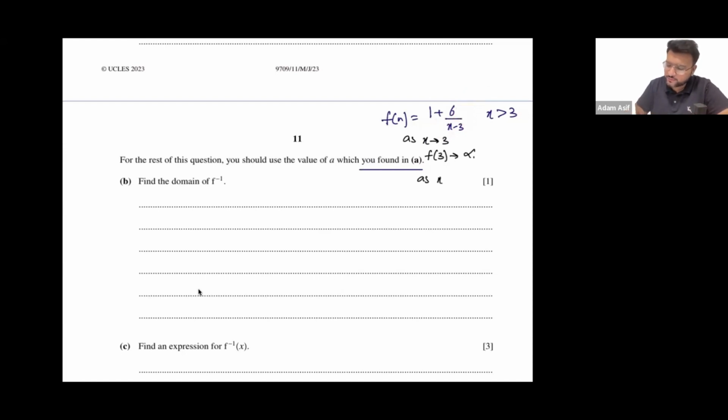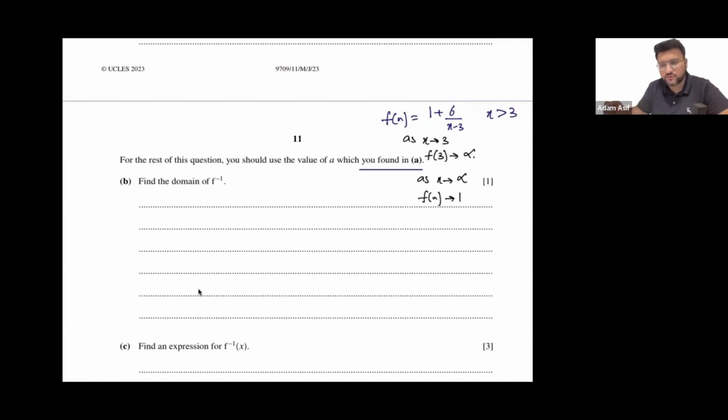And as x approaches an infinitely large value, because the domain is x greater than 3, how much greater? Up till infinity. So when this becomes infinity, the denominator becomes infinity, the fraction gets closer to 0, and the function gets closer to 1. So f of x approaches 1. When you increase the value of x to infinity, it approaches 1.